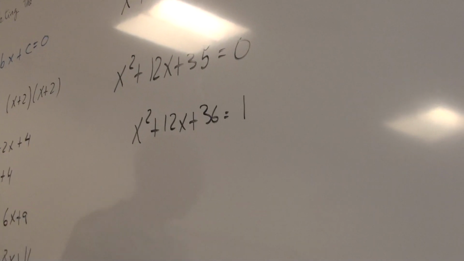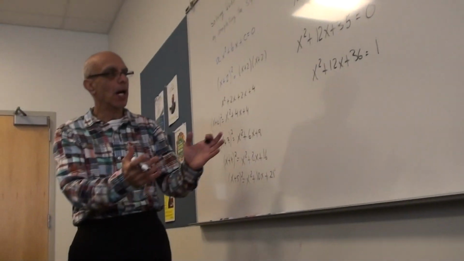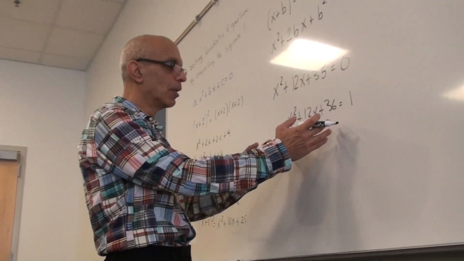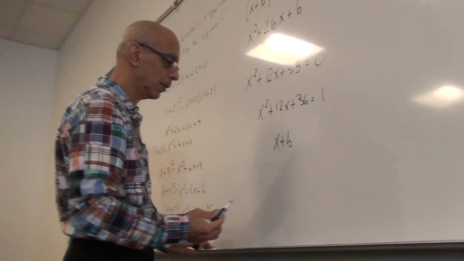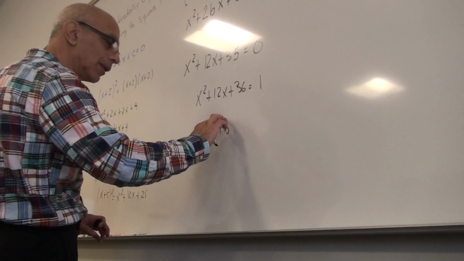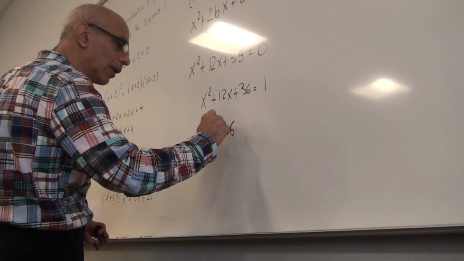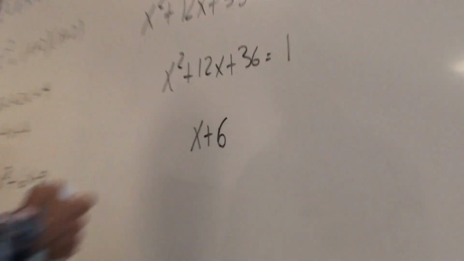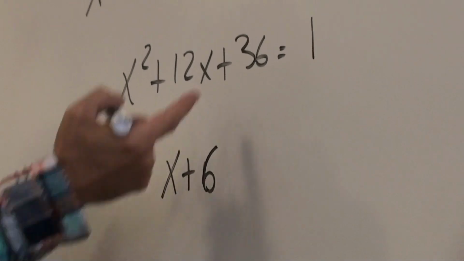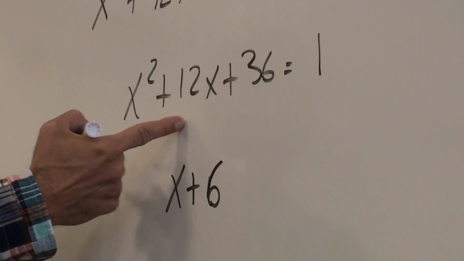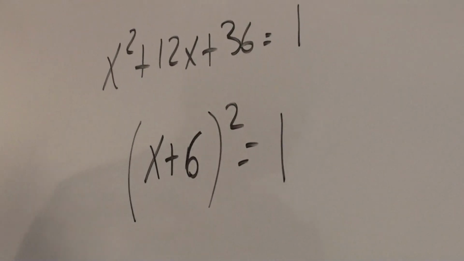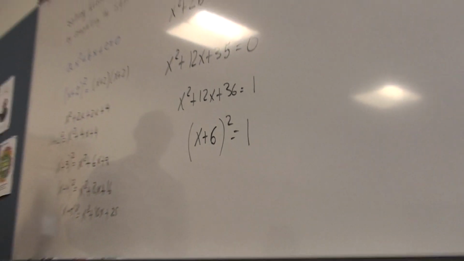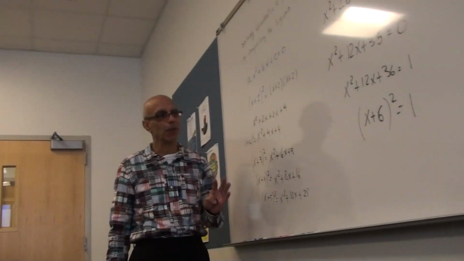Is this okay so far? So now I can write this in the form of a binomial, right? This is (x + 6) squared, because 6 squared is 36, and 2 times 6 is 12, equals 1.